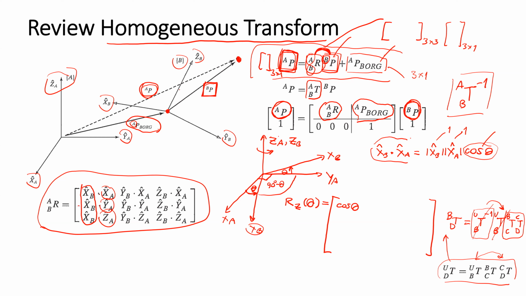So the direction between xb and ya will be cosine of 90 minus theta. And the dot product of xb and za, xb is always normal to za, so cosine 90 degrees is 0.